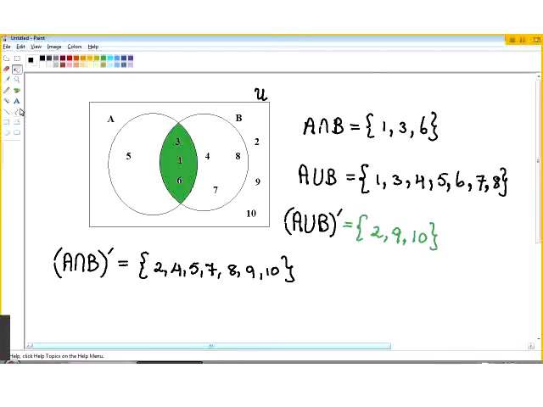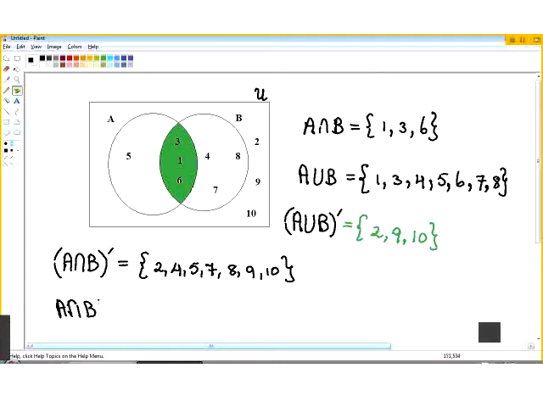Alright, now I'm going to add a new twist in. What if you had A intersect B prime?